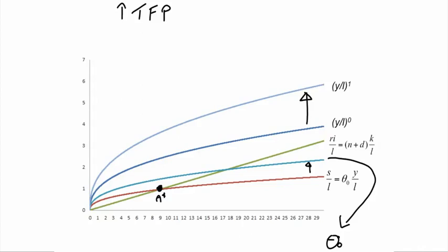What does this do to the steady state? We have a new steady state, B star. And now it's exactly the same story that we had before when we have an economy below the steady state. A star is no longer the steady state. B star is the steady state.